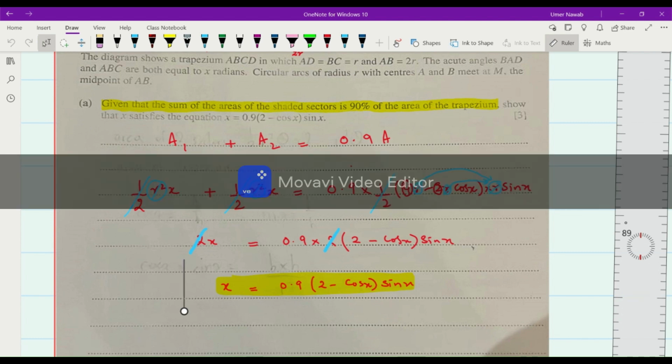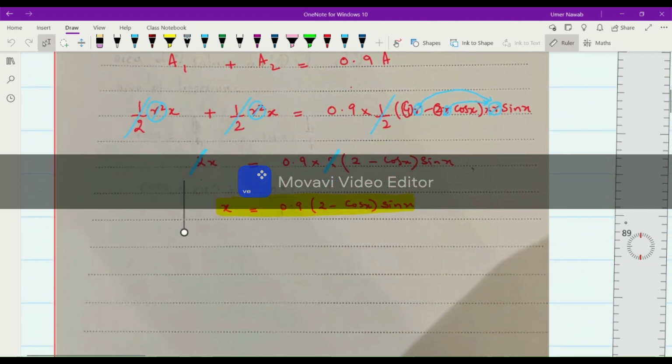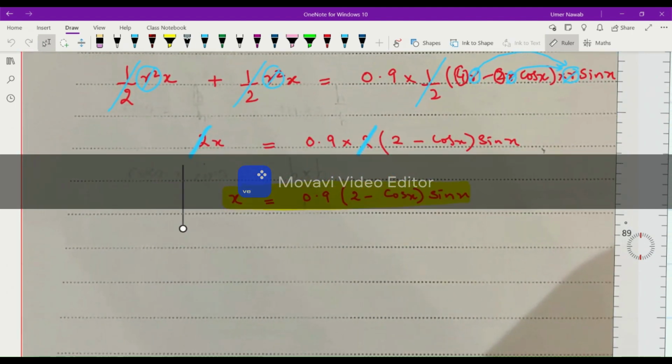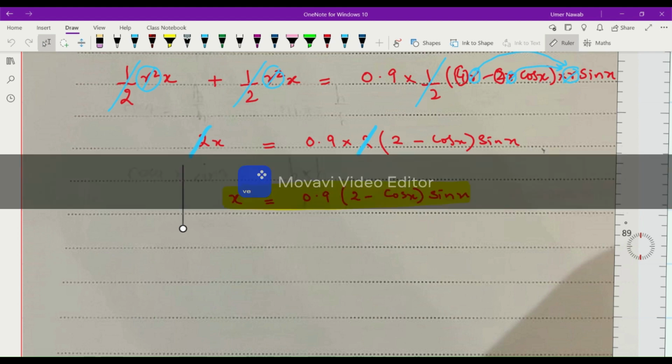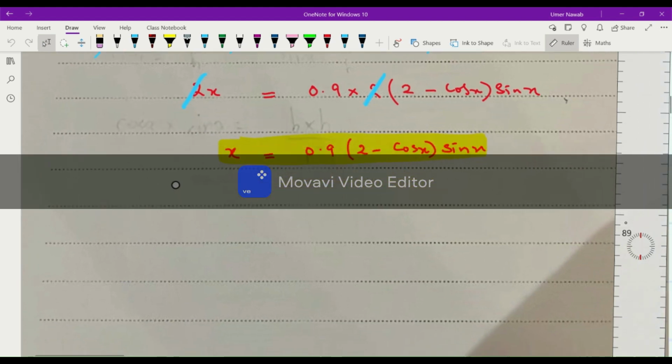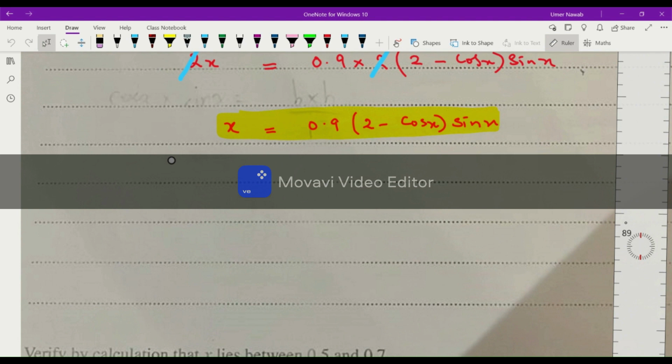It is most likely the examiner will pick the circular measure questions, which will help you to use the formulas of circular measure, area of a sector, arc length, to establish any equation. After making this equation, he's going to find the roots of this equation.